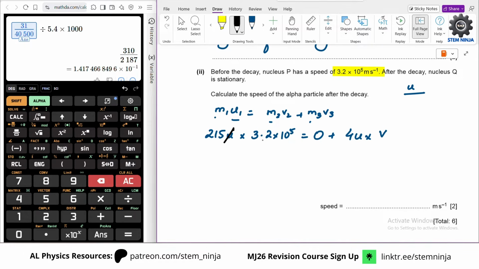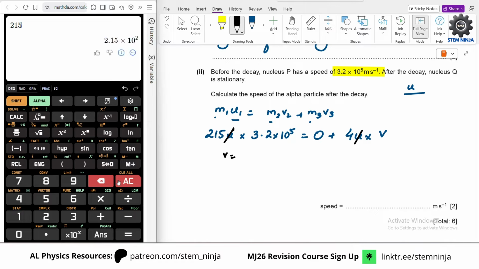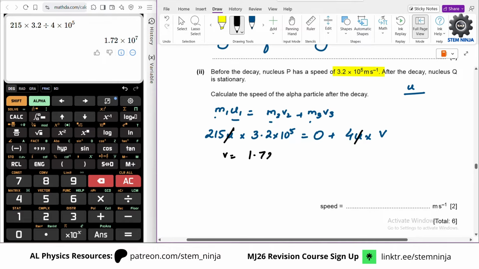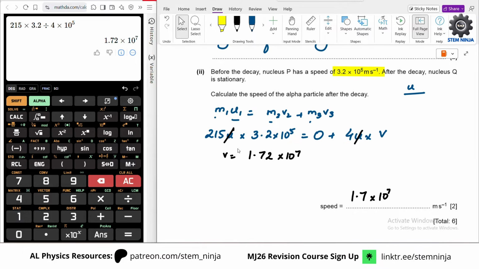So as you can see, u and u will get cancelled, so v would therefore be 215 times 3.2 divided by 4 times 10 raised to power 5, which is 1.72 times 10 raised to power 7, so 1.7 times 10 raised to power 7. Alright, so that's it for this question. Let's move on to the next one.